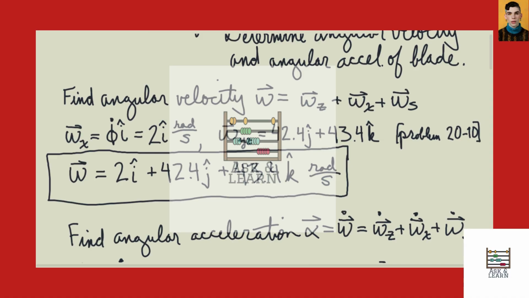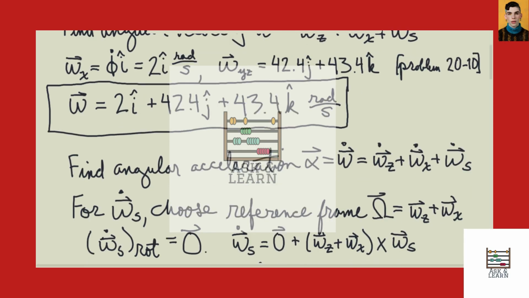Adding that to our x component, we get the complete angular velocity for the system. That's going to be vector omega equals 2 unit vector i plus 42.4 unit vector j plus 43.4 unit vector k. All of those components have units of radians per second.